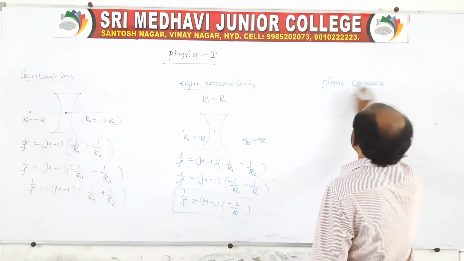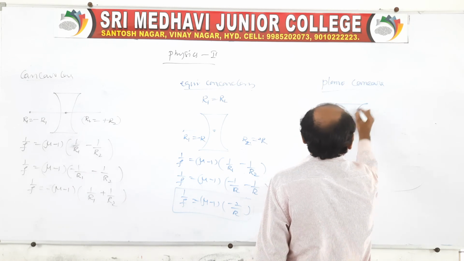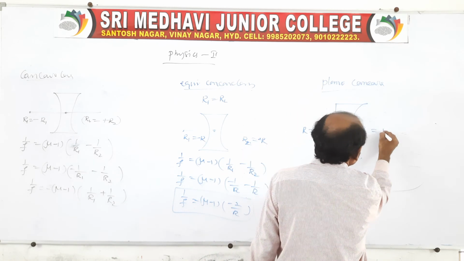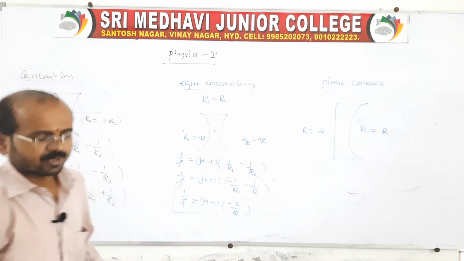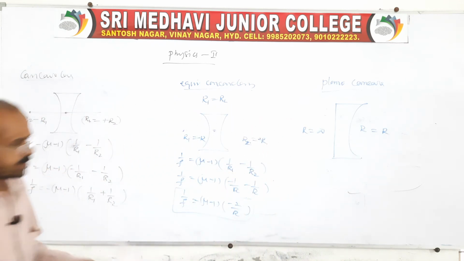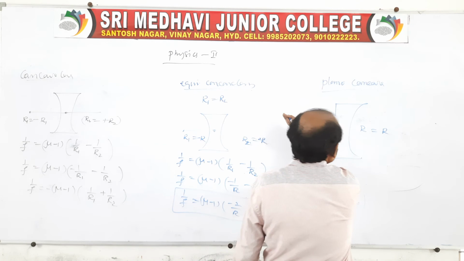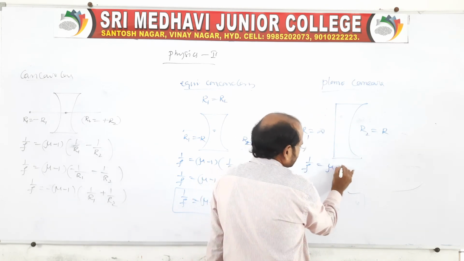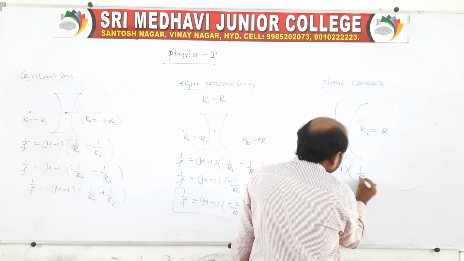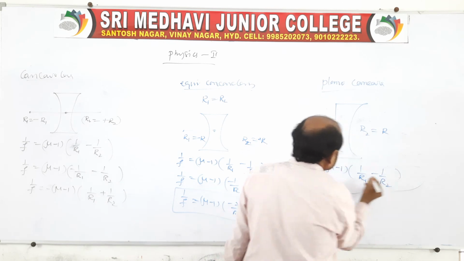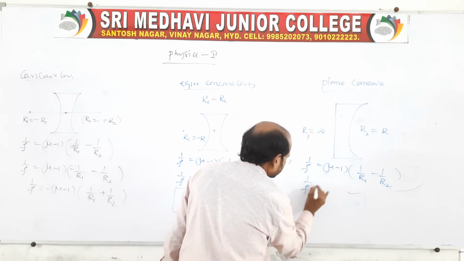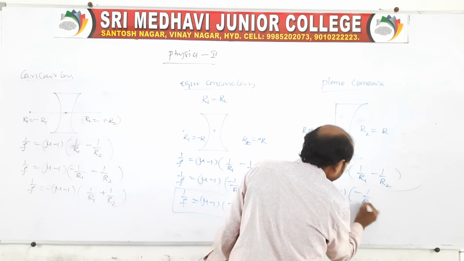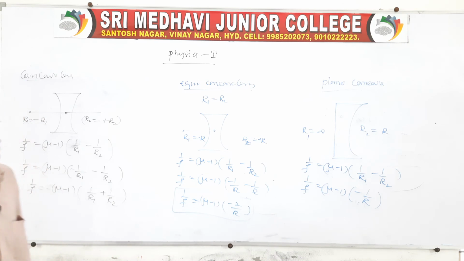One surface should be infinite and the other surface should be R. You say R1 is infinite, and this surface is R2 only. 1 by f is equal to mu minus 1 into 1 by R1 minus 1 by R2. However R1 is infinite, so 1 by f is equal to mu minus 1 into minus 1 by R. This is for plano concave.